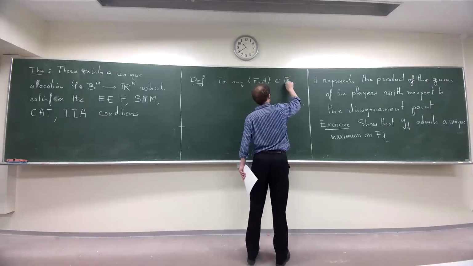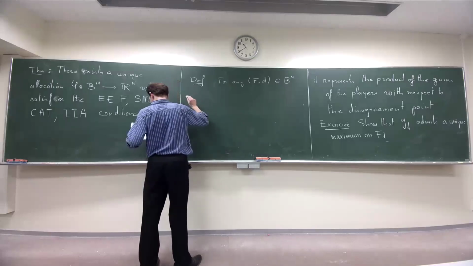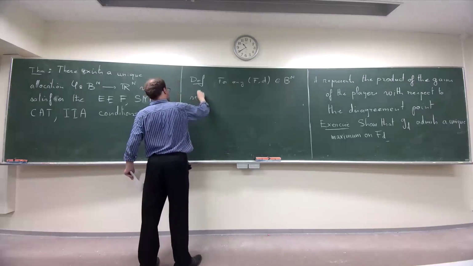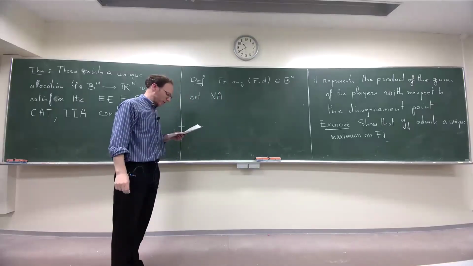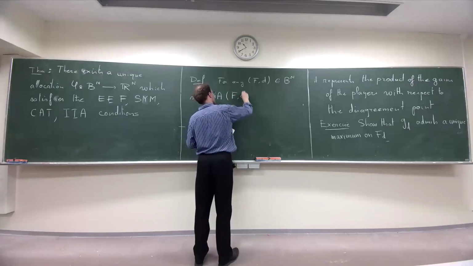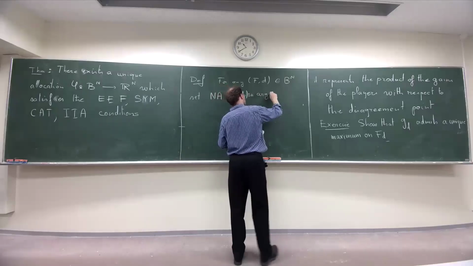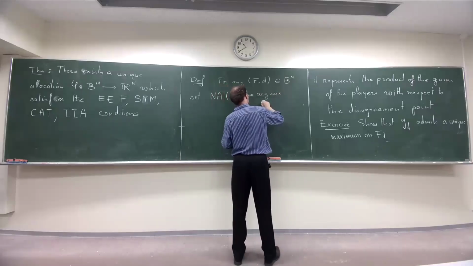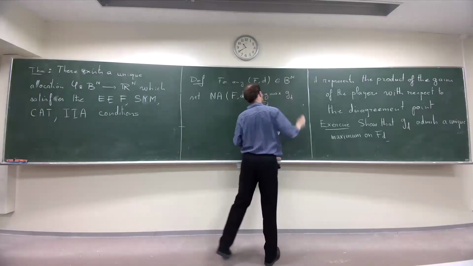I emphasized, but I do not need set NA. It's probably N for Nash. NA of FD is, okay, let me use this argmax on FD of GD.